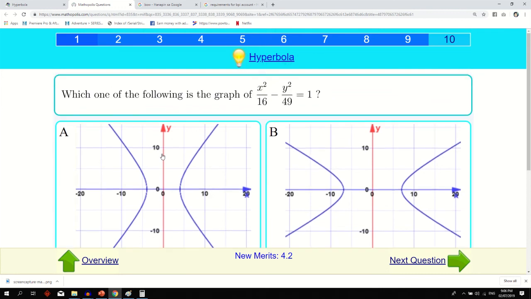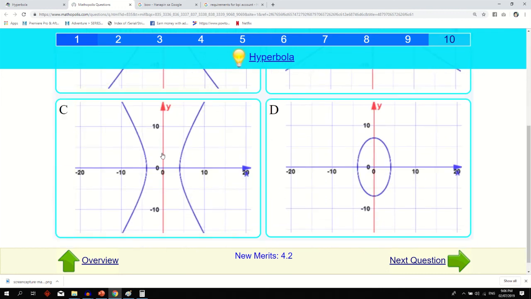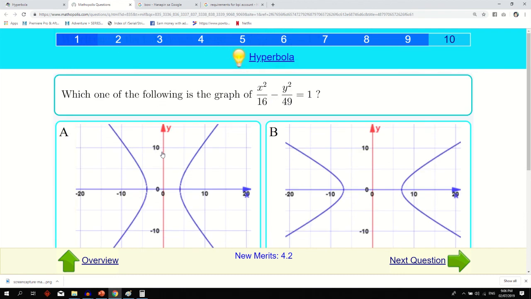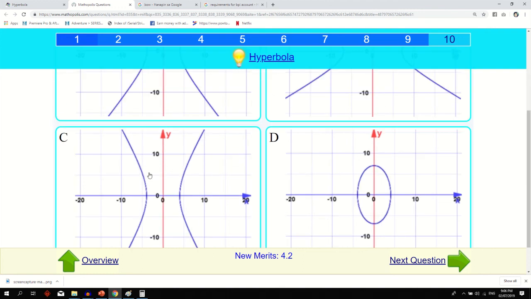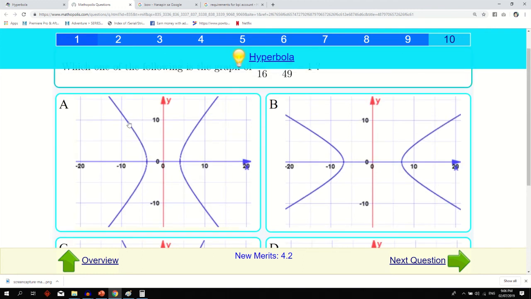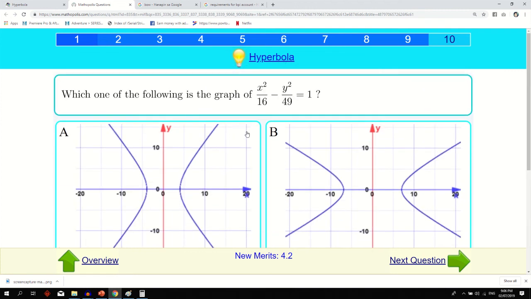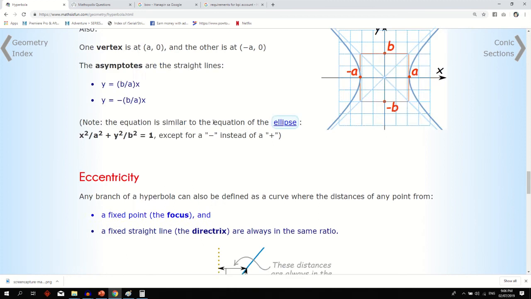Okay, so what we will do is we could find the B, so we can find the asymptotes of this. If this is correct, do we have the same asymptotes? So what could be the asymptotes here? Y equals to... asymptotes. So let's go back here.